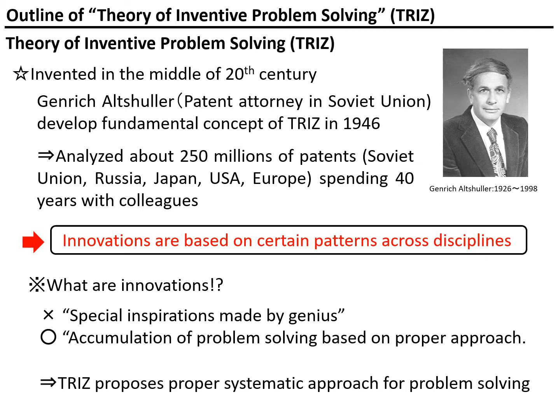Everybody can achieve innovations by following a proper approach. The reason why many of us cannot make innovation is that we are not following a proper approach. The TRIZ methodology proposes a proper systematic approach for problem solving. So if you learn the TRIZ methodology, you may be advantaged to make something new.